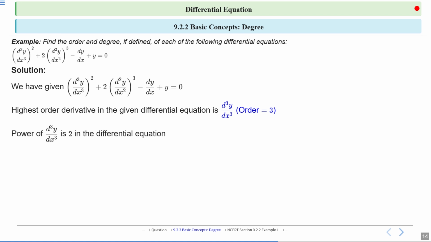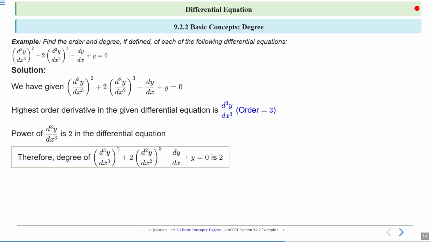So what is the degree? Degree is the power of the highest order derivative. And in this question, the highest order derivative is d3y by dx3, and its power is 2 in this differential equation. So the degree of this differential equation is 2.